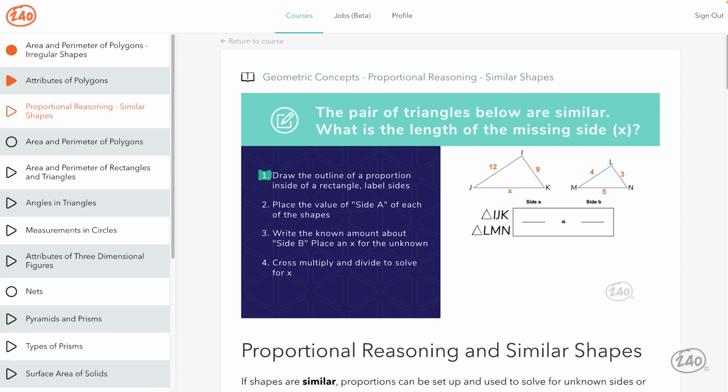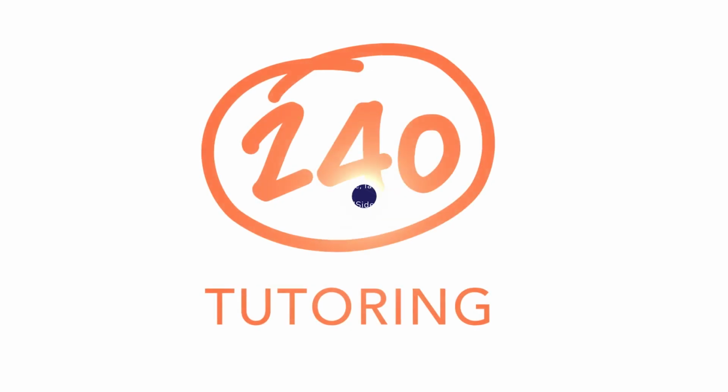On the top of the rectangle, label the first fraction side A and the second fraction side B. In the first fraction, place the value of side A of each of the shapes, making sure the labels to the left correspond appropriately. In the second fraction, write the known amount of side B. Then place an X for the unknown amount. Then once again, cross-multiply and divide to solve for X.